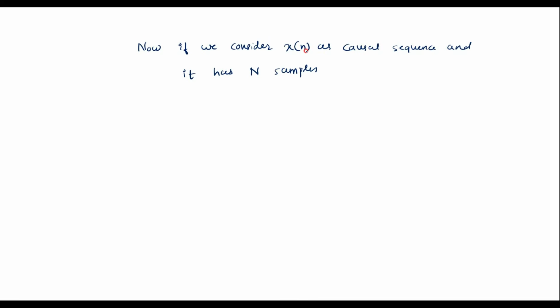So now if we consider x of n as a causal sequence, and we'll assume that it has n samples, that is x of n has n samples, that is 0 to n minus 1. We know that causal sequence means x of n is equal to 0 for n less than 0.